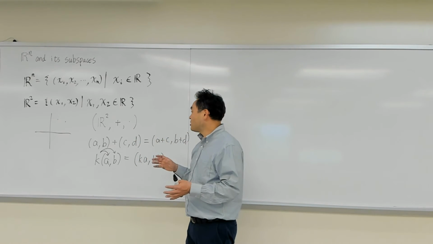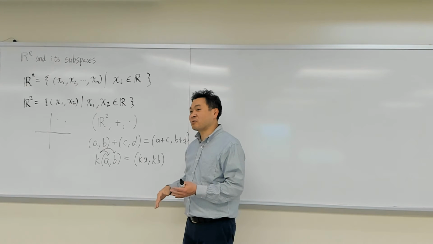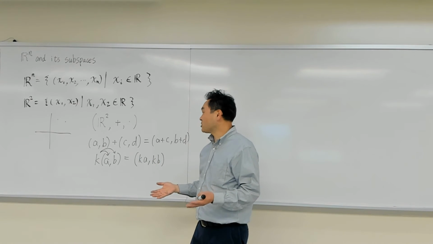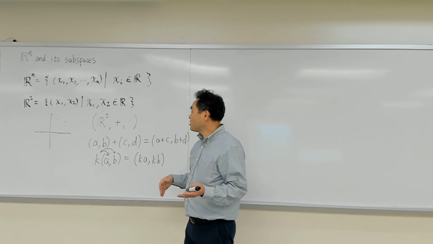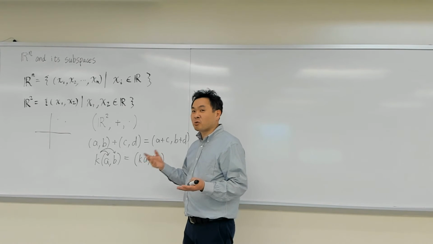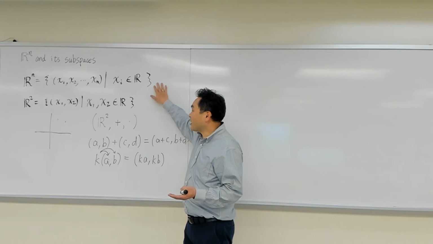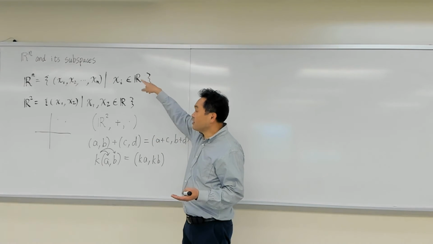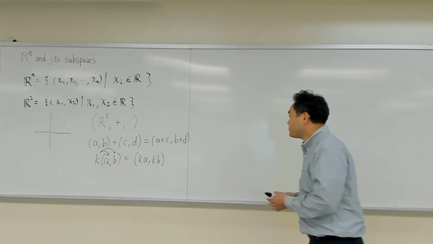They have to satisfy a list of properties, and if it satisfies everything, then you call that a vector space. But in the review, when we talk about vector spaces, we're only going to work with very concrete ones. The concrete ones are Rn and its subspaces. Okay, so let's talk about some subspaces.